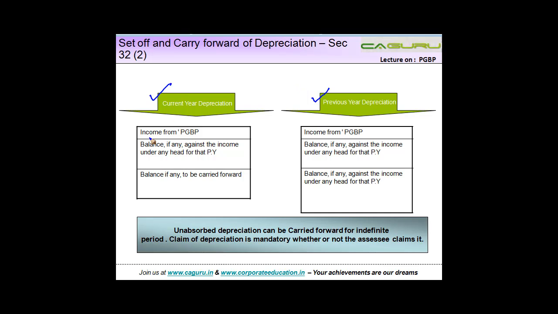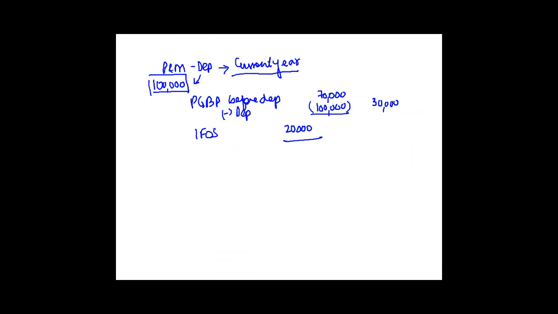For my current year depreciation, the first thing I need to do is reduce it from the income from profits and gains of business and profession. That's precisely what I did here, but I was left with a loss of 30,000. Now what do I do with this?